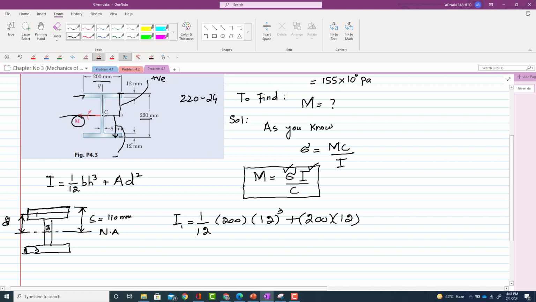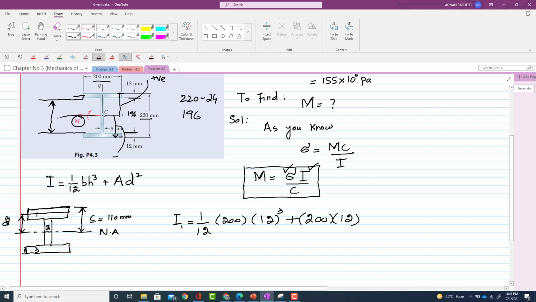Because 12 is this and 12 is this. So it will give you 196. So 196 is the distance between this point and this point. Again, if you divide 196 by 2, that will give you the distance to this point. 196 divided by 2 will give you 98. So basically the distance from this point to this point is 98.